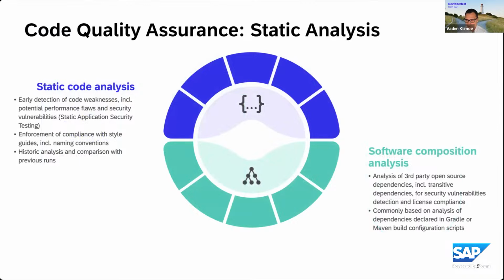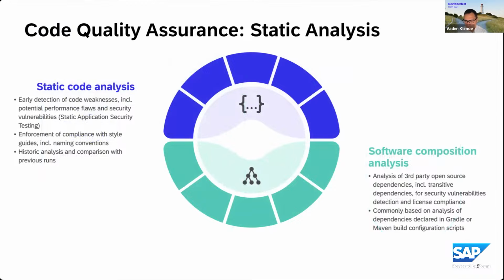The other part is software composition analysis. So this is the analysis of third-party open source dependencies. So this is our dependency analysis bit of the static analysis. We don't need to execute the script. What these tools commonly do is they analyze the dependencies that were defined for the project.